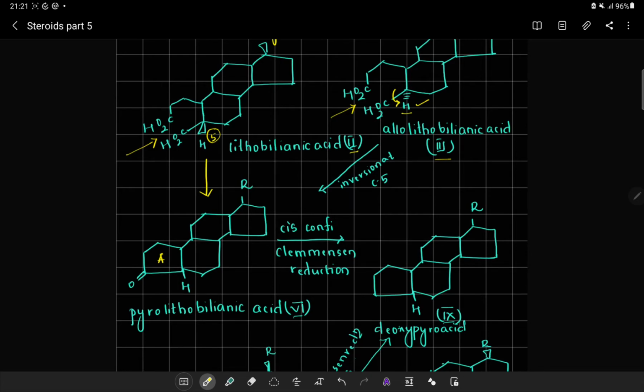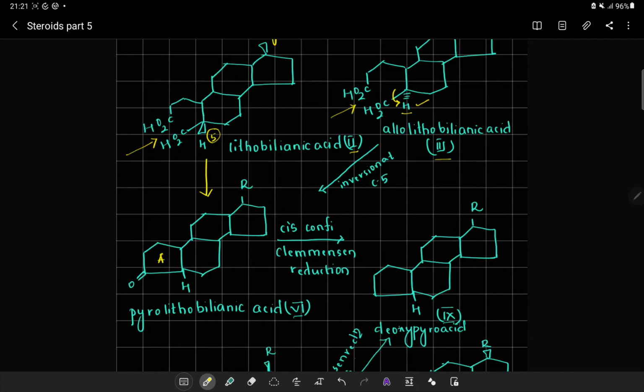Because of the inversion at C5, now the proton will lie above the plane, and hence it is also going to give me the same compound called pyrolithobilianic acid. This pyrolithobilianic acid is synthesized because the dicarboxylic groups lose a carbon dioxide, giving me a cyclopentanone ring A system.